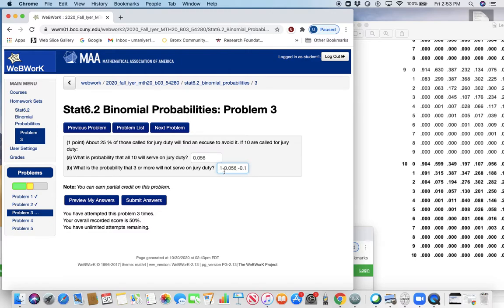So from 1 take away these 3 numbers. That should give you the probability of 3 or more successes.